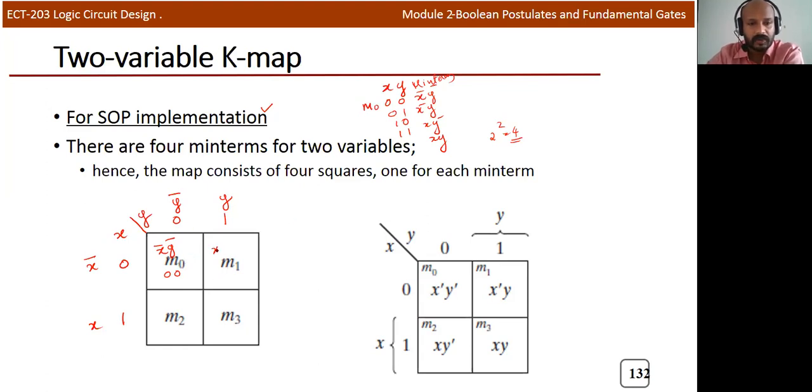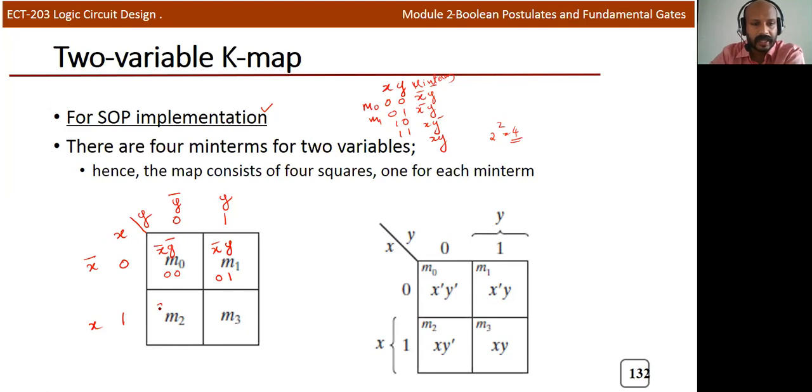Next one, x bar y, or you can write 0 1, which is minterm M1. We already discussed in lecture 12 how we can write the minterms, and we use small m for representing minterms and capital M for maxterms.